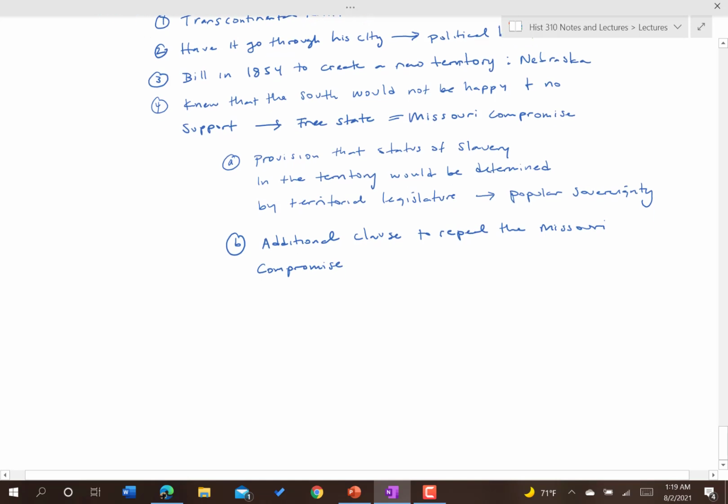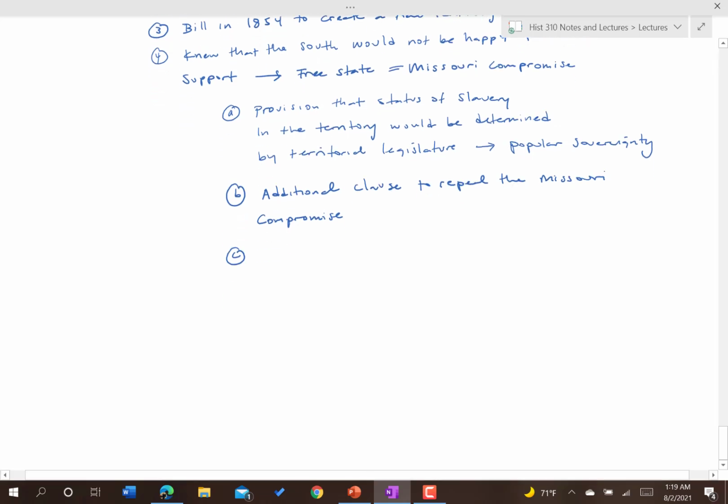And then, because it was still assumed that Nebraska would probably come in as a free state because of its more northern connection, just doing this alone and saying, okay, Nebraska, we'll let them choose, the South would be like, no. They're still going to come in as free. So good job, you let them choose, because you already knew the outcome.